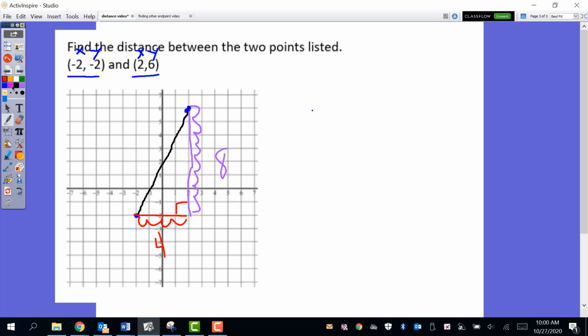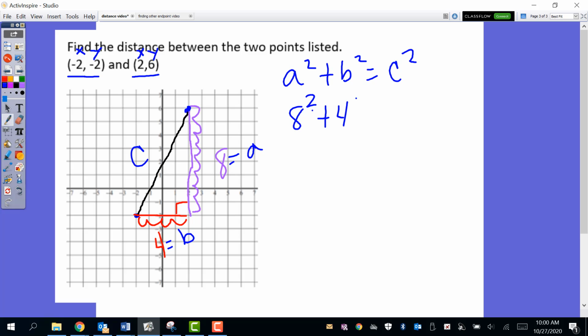Then I have to use my equation, which is a squared plus b squared equals c squared. All you do is plug it in. So 8 will be my A and 4 will be my B, and what I need to find is my C. So I plug it in: 8 squared plus 4 squared equals c squared.